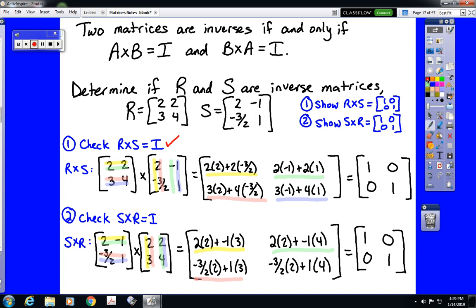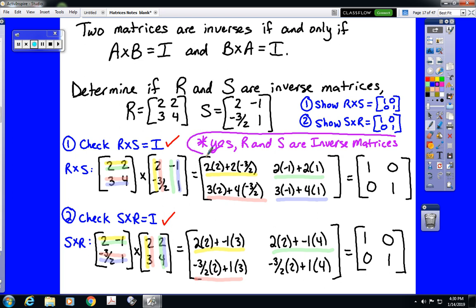So once again, we have shown S times R is equal to I. So our answer here would be yes, R and S are inverse matrices. And again, the only reason we can state that is because we have shown the work to show that R times S is equal to I and S times R is equal to I.